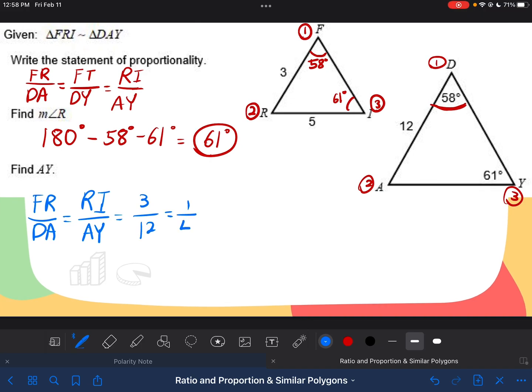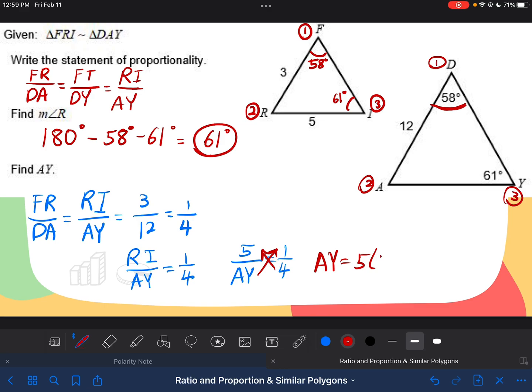That is 1 over 4. So that also means RI and AY has to equal 1/4. But we already know what RI is, which in this case is 5. So all we're going to do is crisscross applesauce, and that will give you AY equals 5 times 4, and that gives you 20. And that gives you the answer to this question.